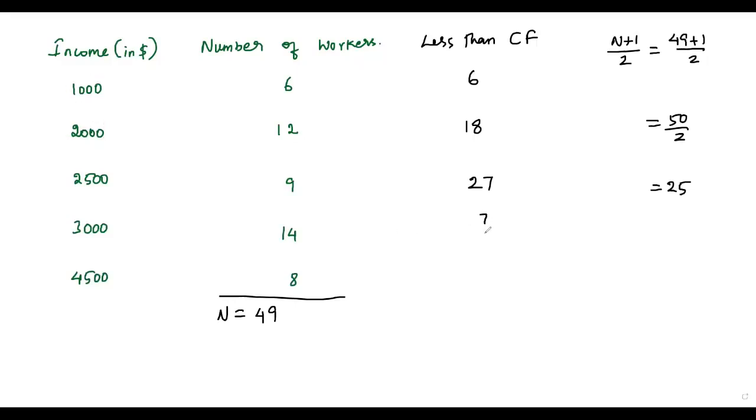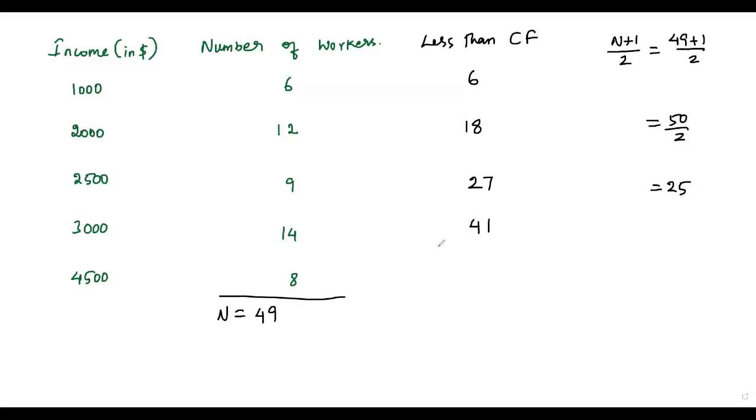Now I have to write the number of workers who are getting either $3,000 or less than $3,000. Already we know that the number of workers who are getting $2,500 or less than $2,500 is 27. So to get the total number of workers getting $3,000 or less, we have to add this 14 and 27. That will be 41.